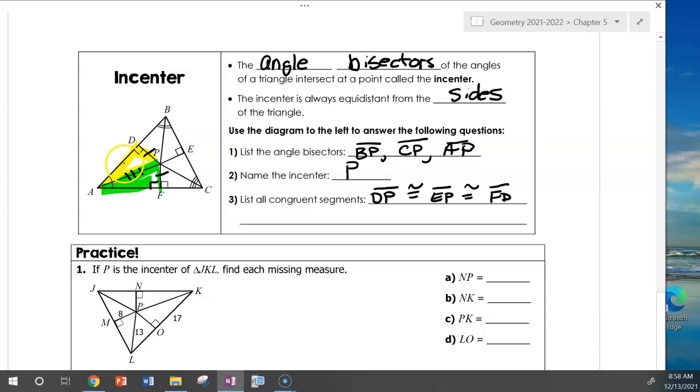So I know that line segment AD is going to be congruent with line segment AF. And the same thing works going around our large triangle. So BD is going to be congruent to BE, and EC is going to be congruent to FC.